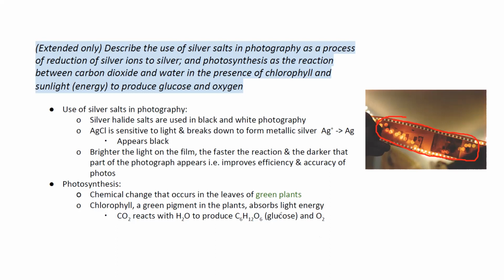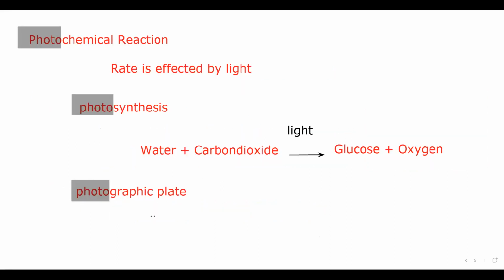So what happens to this photographic film? The photographic film has a layer of silver chloride, AgCl. When light falls on silver chloride, it forms silver metal plus chlorine.